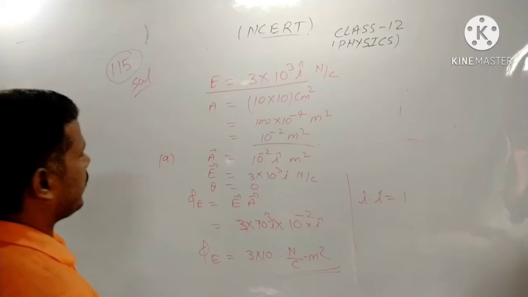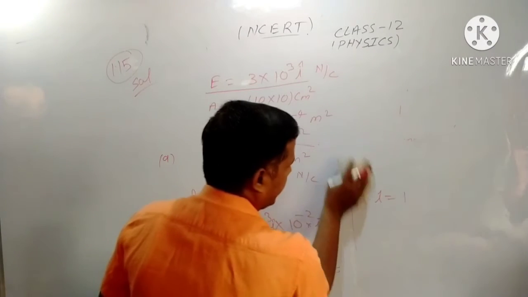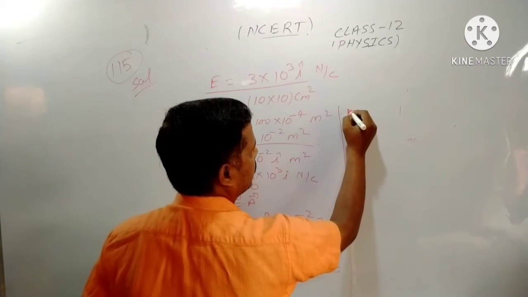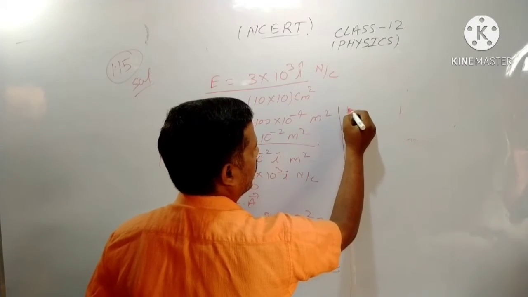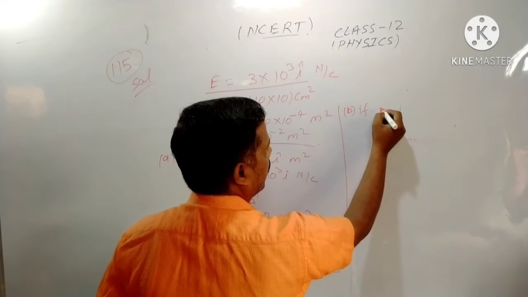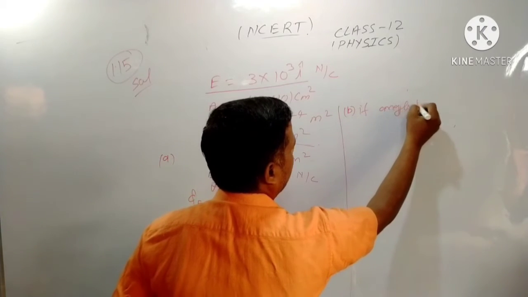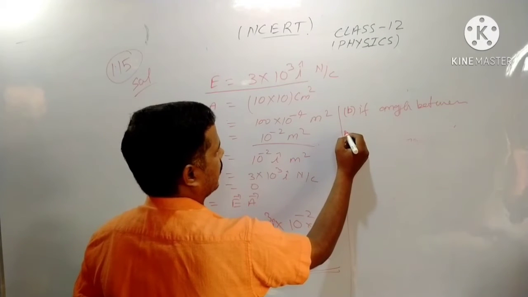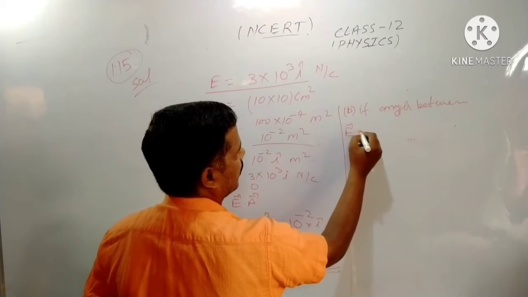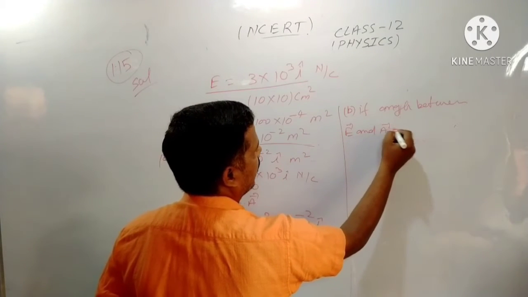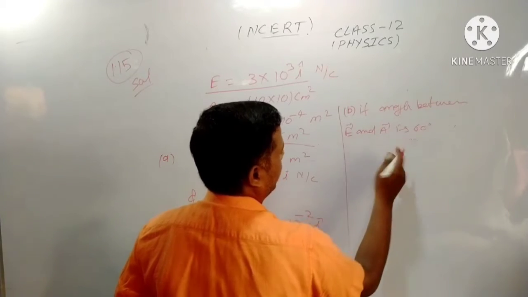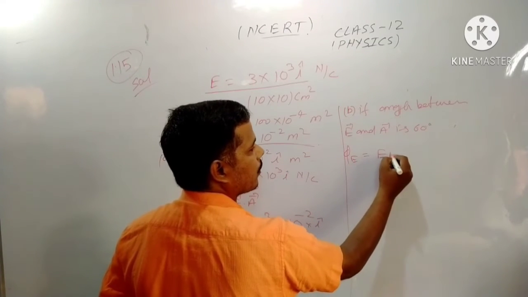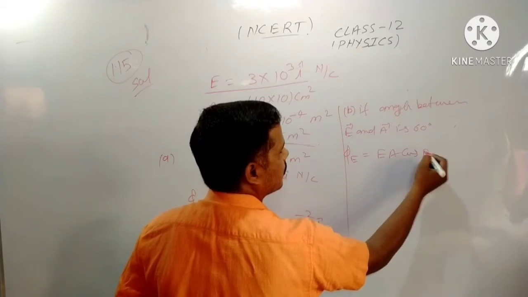Now this is part B. If the angle between E and A is 60 degree, then flux phi is equal to E A cos theta.